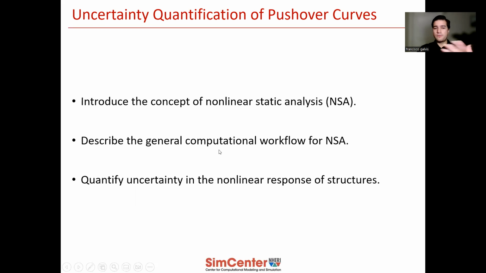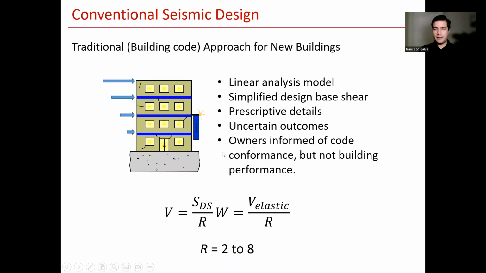So let's start by revisiting the concept of nonlinear static analysis. Starting with conventional seismic design, any structural engineer is familiar with the typical approach for designing structures to resist earthquakes, right?